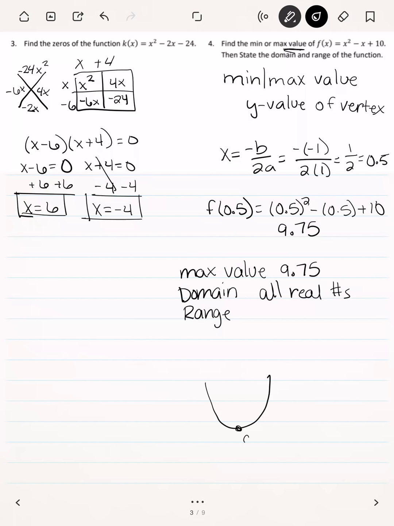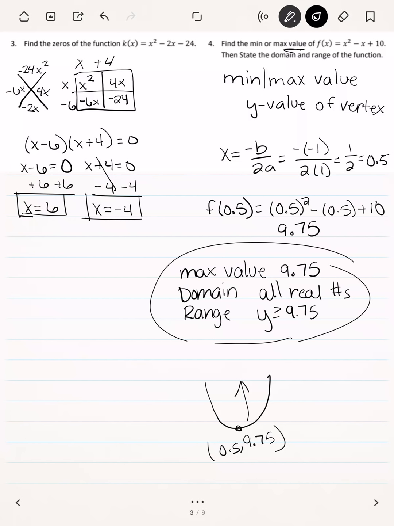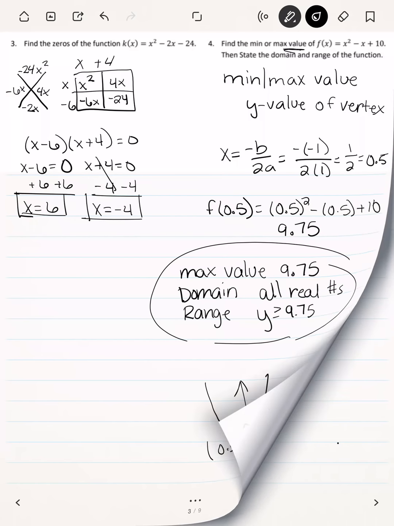This is my 9.75. This is my vertex, so I'm going to go ahead and put 0.5 with it. So notice all my y values are going up. So every y value is greater than or equal to 9.75. And this is everything I need to know for the question. I have my max value, my domain, and my range.